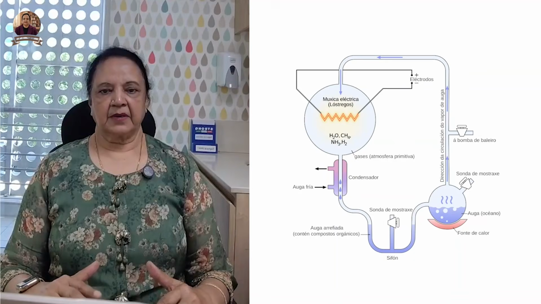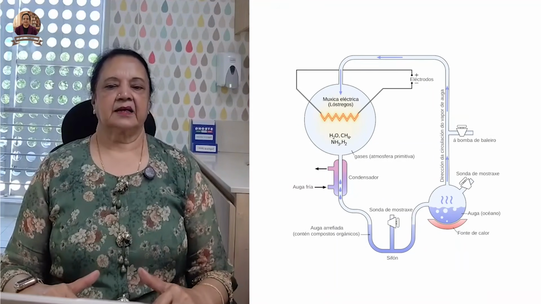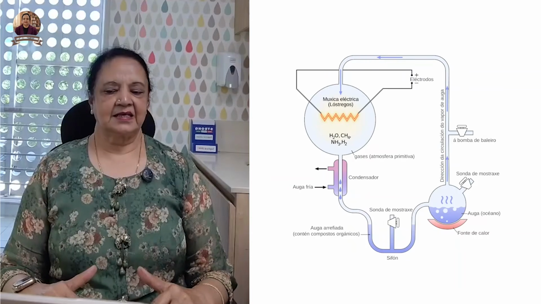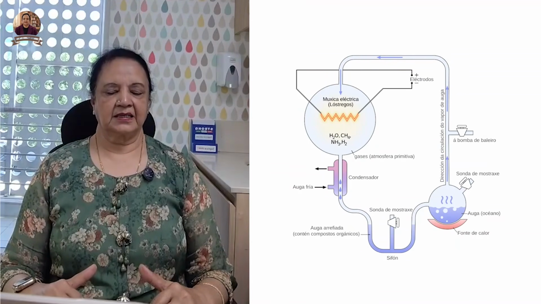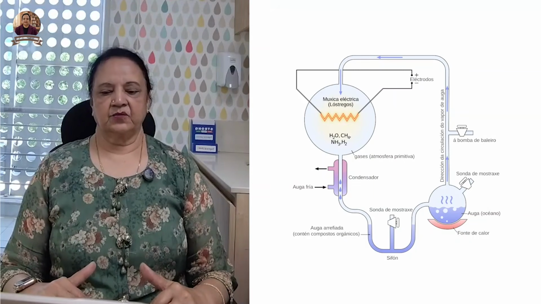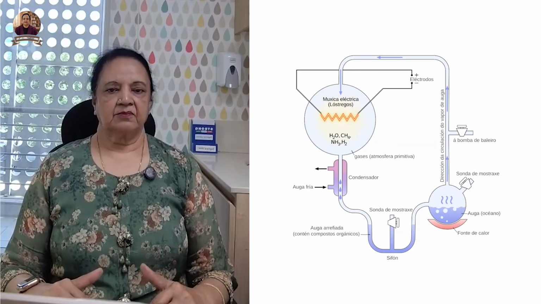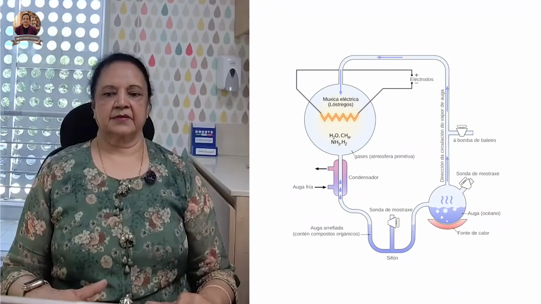These are the same amino acids that are the building blocks of proteins, and they had formed spontaneously from inorganic precursors, that is, methane, ammonia, hydrogen, and water, simply by adding energy in the form of electric sparks.